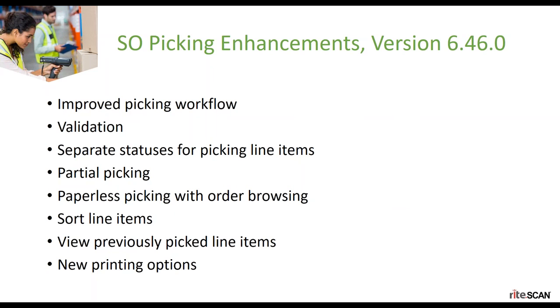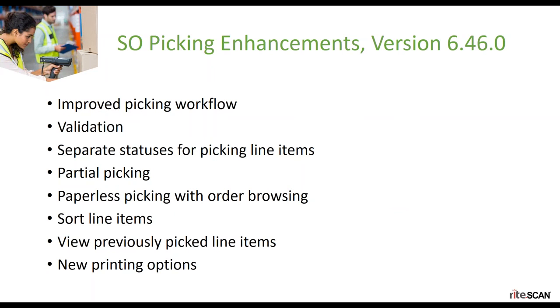With the browse capabilities, it also allows you to get one step closer towards a paperless picking environment and gives your operators the data and information they need to do their job out in the warehouse to fulfill these picking processes and shipments to your customers. Being able to sort the line items by bins, sales orders, or numbers is really going to help your operators get the information they need most in front of them at that time and make it most effective for them to perform these picking processes out in the warehouse.